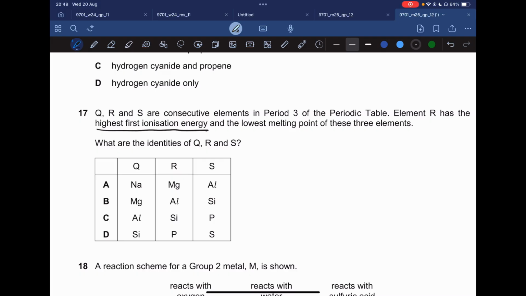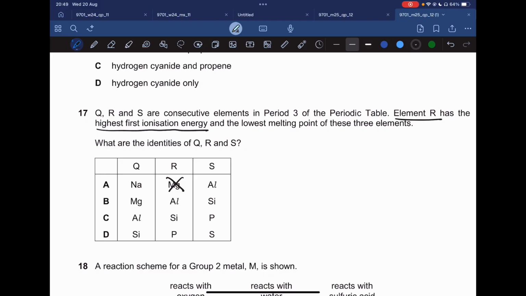So the highest ionization energy has to be about the number of protons. What is the hardest to remove out of period 3? If we look at sodium, magnesium, and aluminium, magnesium cannot have the highest first ionization energy because Na is much harder to remove because it's closer to the nucleus, so that can't be right.